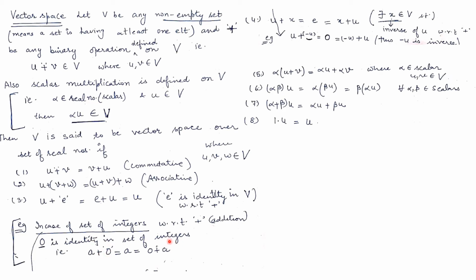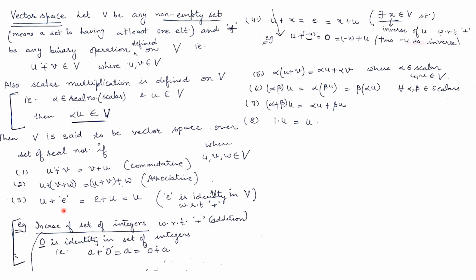So is it clear what you mean by identity? u is any member of the vector space V, right? What should we add to u so that again we get u, and this number e should be a member of V. If it is not a member of V, it means an identity does not exist in V, right?